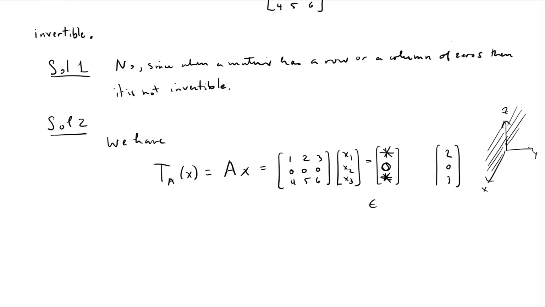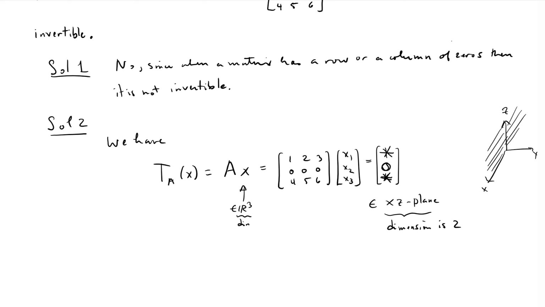So this is part of the xz plane, exactly, because the y component is 0. Now the xz plane is a plane, so it has dimension 2. And the x we had here was part of R3.